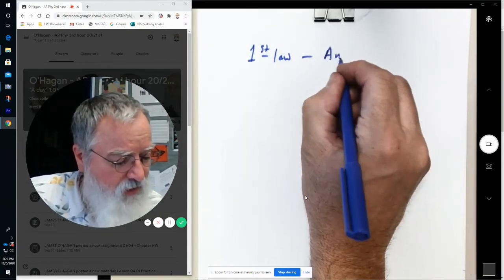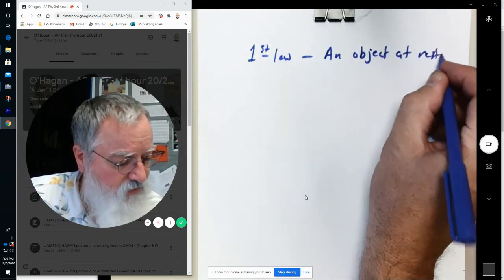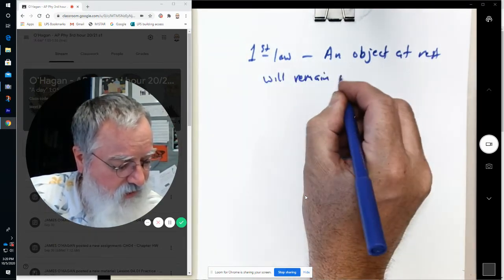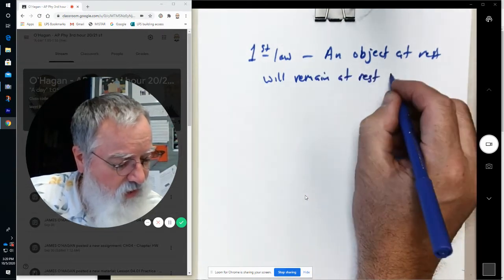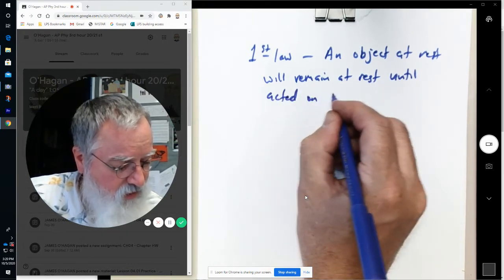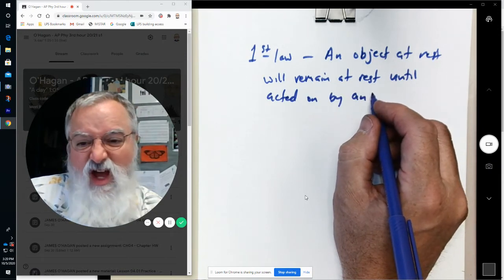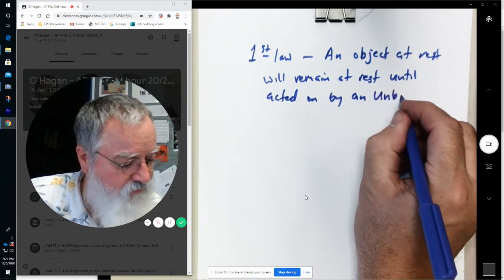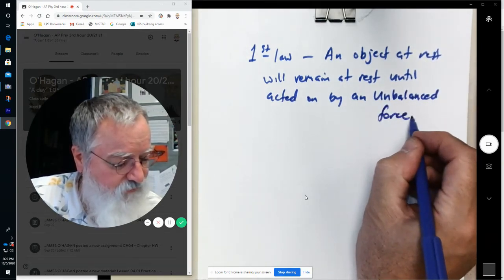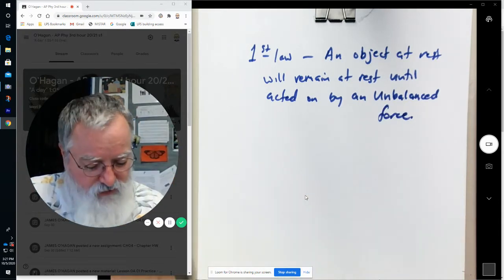An object at rest will remain at rest until acted on by an unbalanced force. Excuse me. An object at rest will remain at rest until acted on by an unbalanced force.